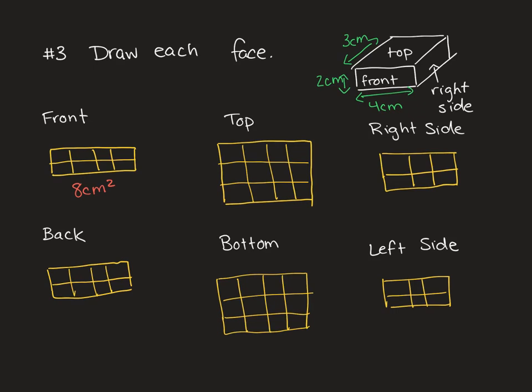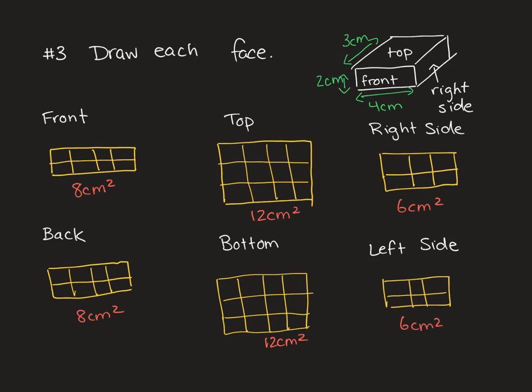What would the top be? 12 centimeters squared, because there are 12 little square centimeters. The right side would be 6 centimeters squared. The back is 8 centimeters squared. The bottom is 12 centimeters squared. And the left side is 6 centimeters squared.